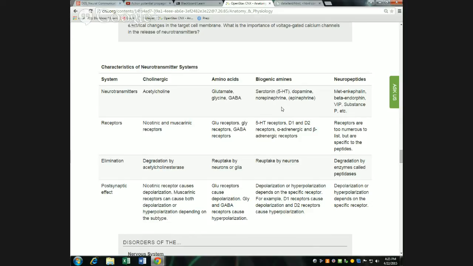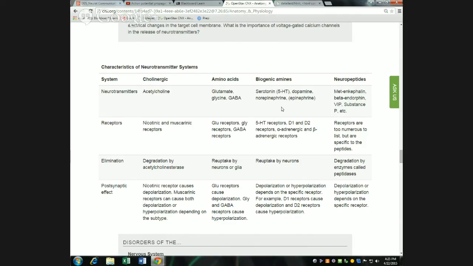Now, at the bottom of the biogenic amine column there, it says essentially that depolarization or hyperpolarization depends on the specific receptor. For example, D1 receptors, oh, here I have it written out, cause depolarization, D2 receptors cause hyperpolarization. You could also say some alpha and some beta receptors cause depolarization, some alpha and some beta receptors cause hyperpolarization.